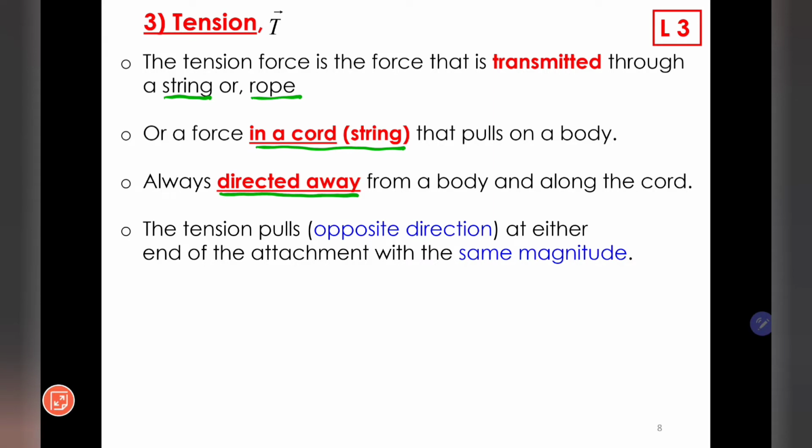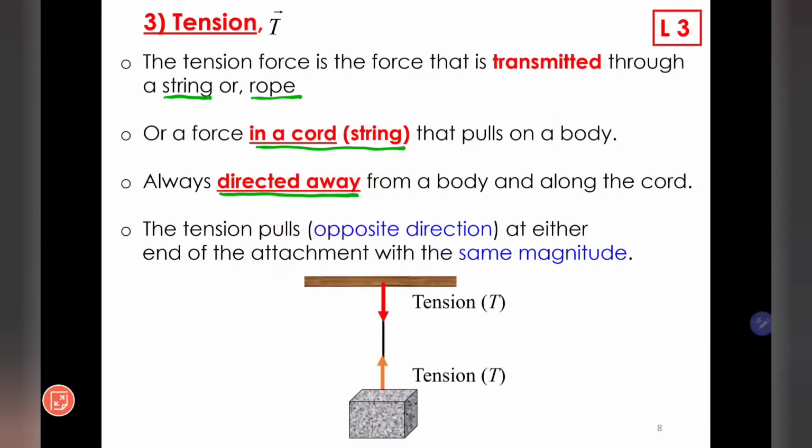Okay, what does it mean? Let's say by hanging an object. So this is the object. So remember, according to the first statement, the tension is always directed away from a body. So this is the body, then the tension is just directed outwards, away from the body.